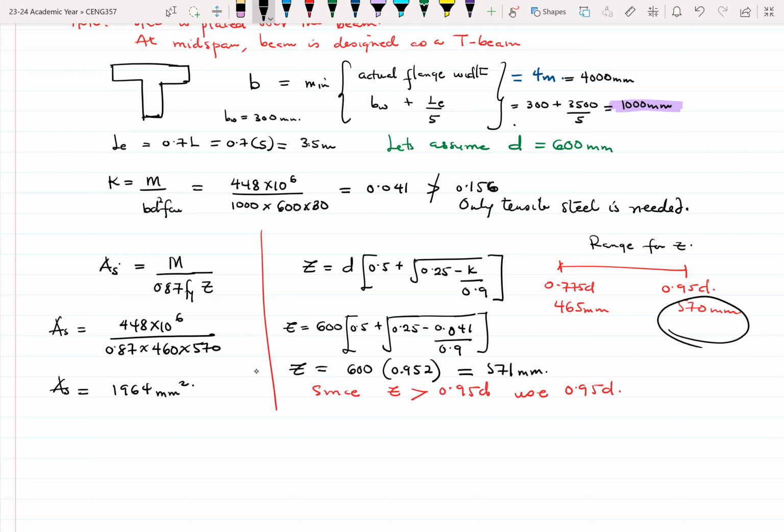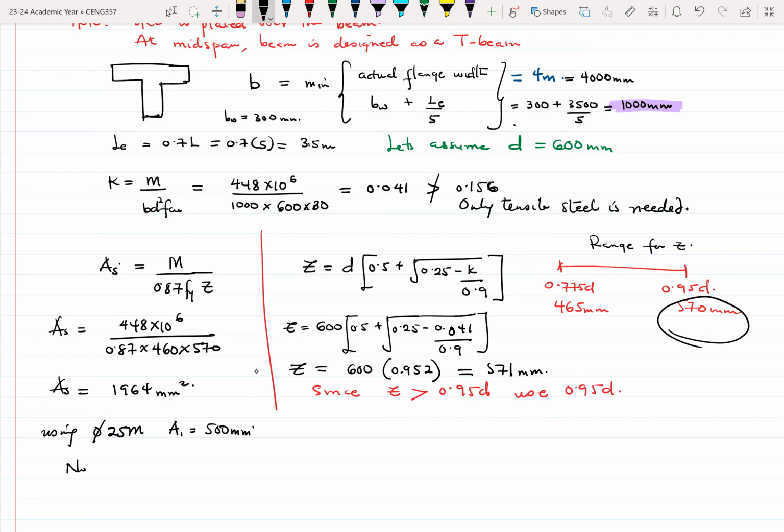So let's assume that we are using 25 millimeter bar. The area for one of them will be I think 500 millimeters squared.